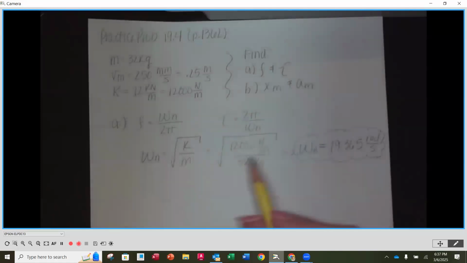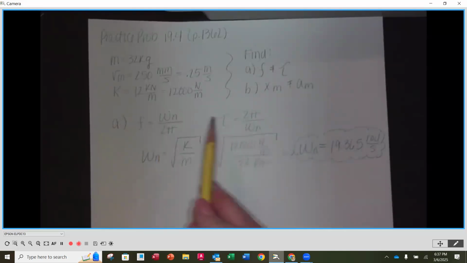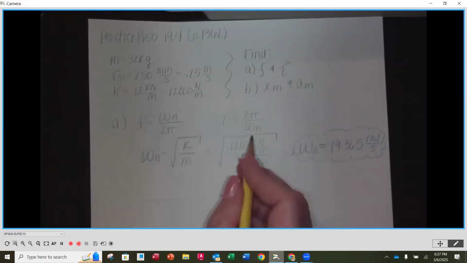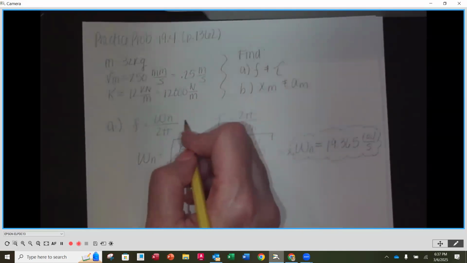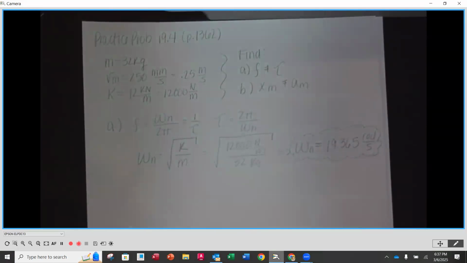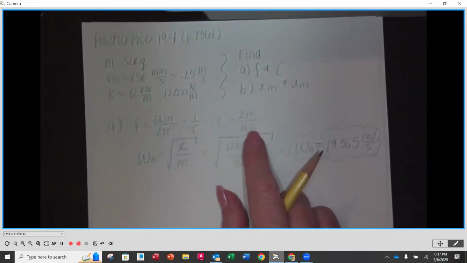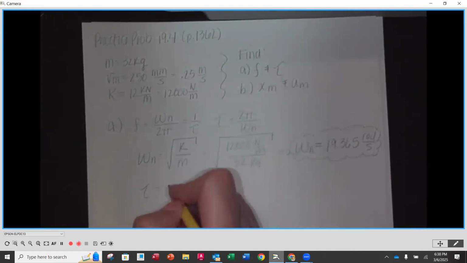All right, so that's the natural circular frequency. Now we can use that in both the frequency and the period. We also know that the reciprocal of the period gives us the frequency. So I'm going to calculate the period first, and then take the reciprocal to get the frequency.